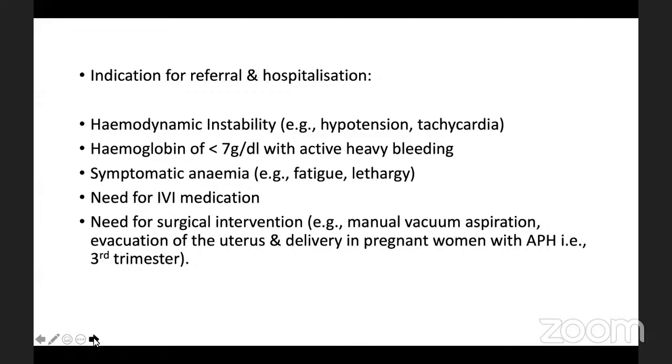Of course, some primary healthcare centers do perform manual vacuum aspiration, but if it's got to be an evacuation of the uterus, then these patients will have to be referred to either a level 1, 2, or 3 hospital. And then obviously women that are pregnant and presenting with APH have got to be referred to hospital.